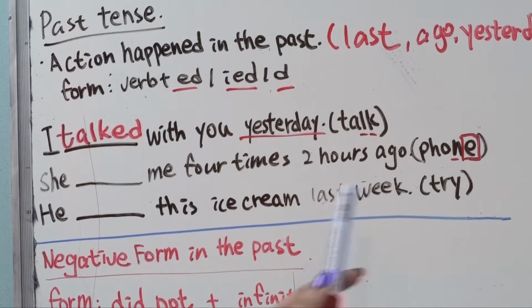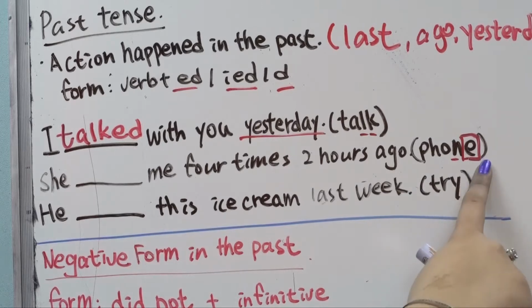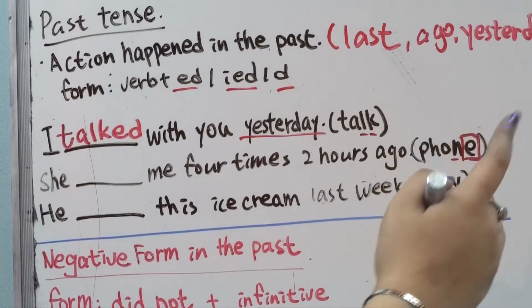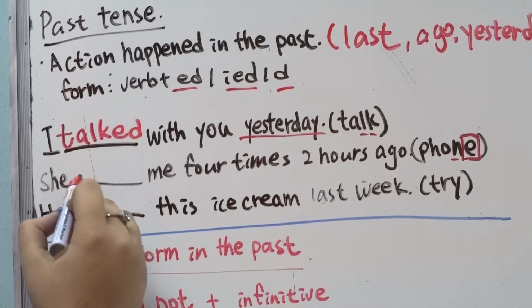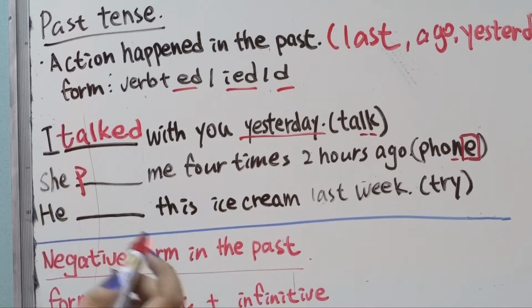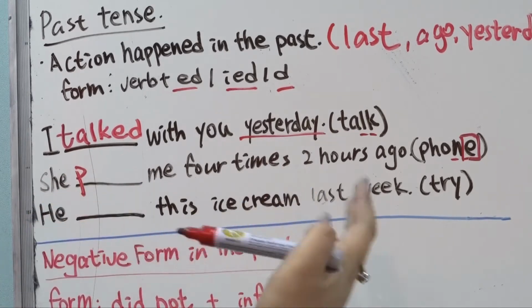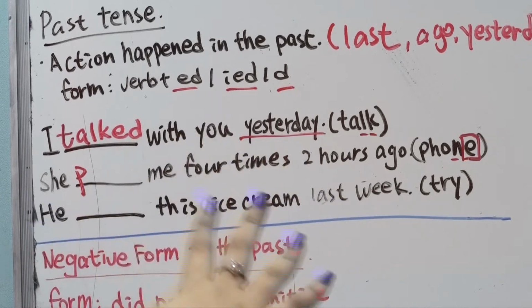Do we add ED? Do we add IED or just D? You got it. That should be D. So she phoned me 4 times 2 hours ago.